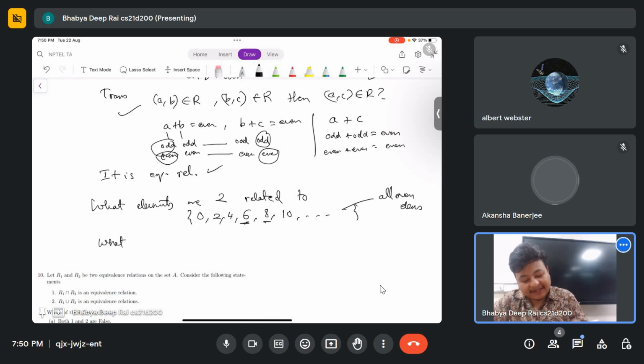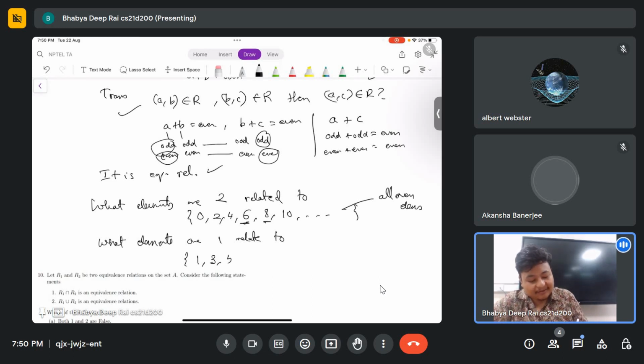Now pick any other element from outside this set, and let's look at its equivalence class. So 1 is related to itself, since 1 plus 1 is even. Is 1 related to 2? No, 1 plus 2 is not even, it's odd. Then 3: 1 plus 3 is 4, it's even, good.